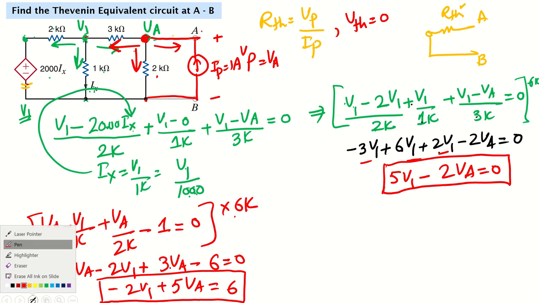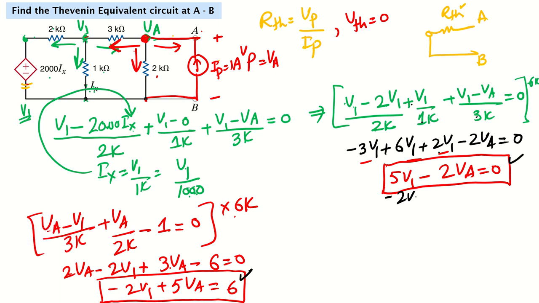So I have two equations and two unknowns. What is the second equation? Minus 2 V1 plus 5 VA is equal to 6. So if you simplify these two equations, by substitution or whatever technique, we can get the values of V1 and VA. If we simplify this, the value of VA comes out to be 10/7 volt.